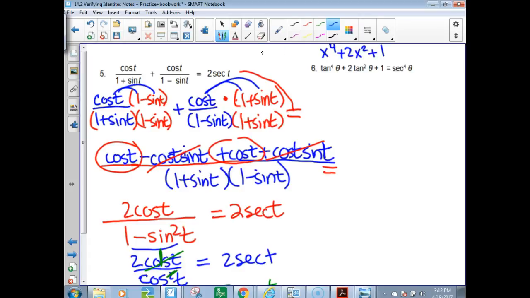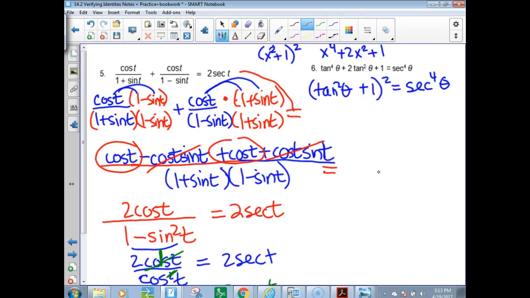Doesn't that factor to x squared plus 1 quantity squared? That's a perfect square trinomial. So we can factor it as tangent squared theta plus 1 quantity squared. So this is going to be so much easier than you thought at first.